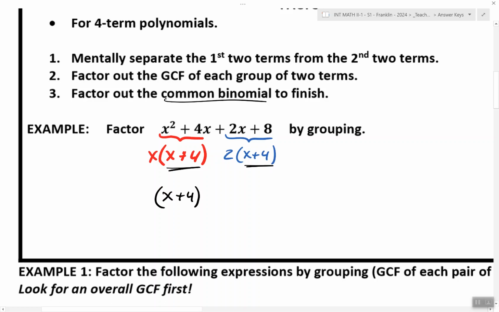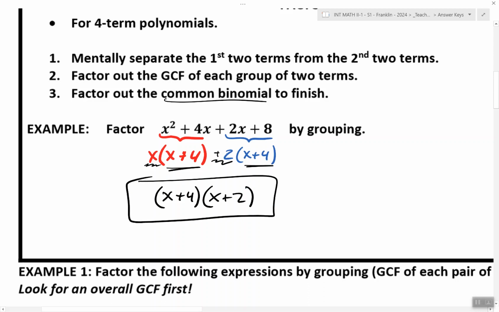And then the second part is just what's left. We have x, we have a positive 2, so that's x plus 2. And that is the factored form of that 4-term polynomial. So this is why we practice factoring out the GCF first, because it really is just that twice.